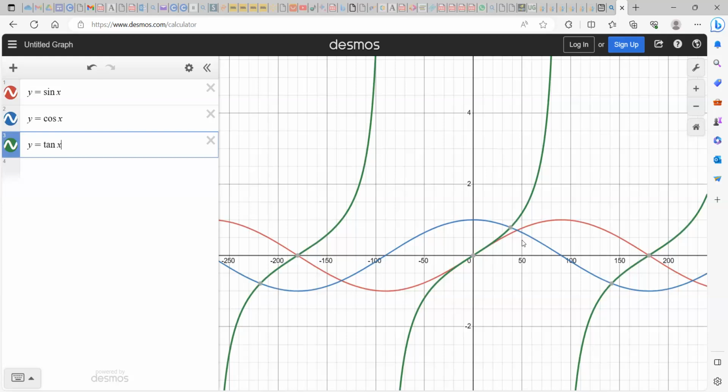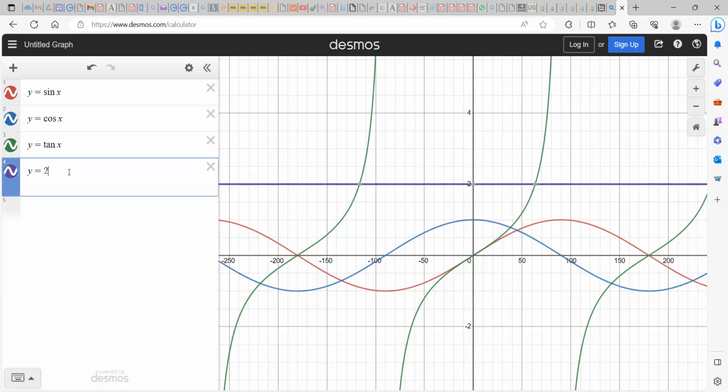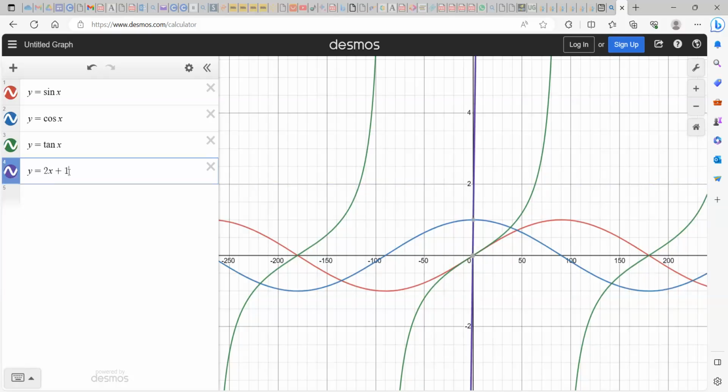They give you different colors. You want a straight line, y equals 2x plus 1.